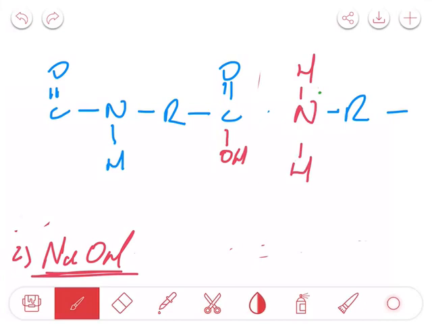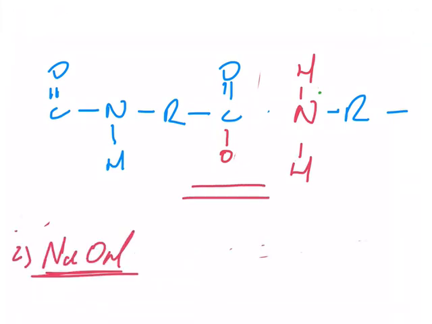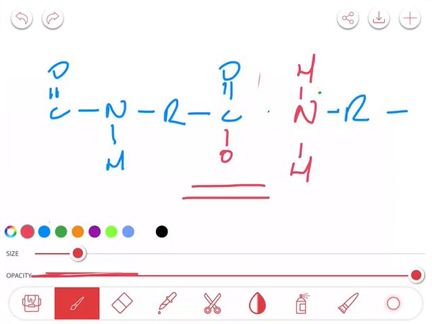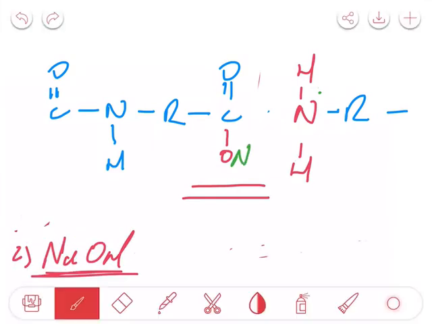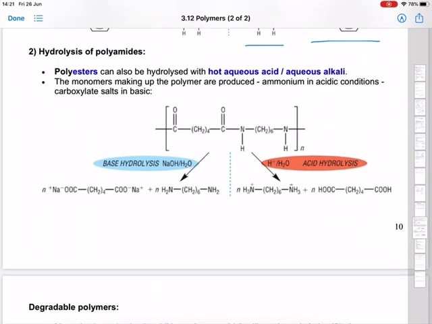With the polyamides, the sodium hydroxide is a catalyst, it comes out unchanged. So as soon as the water has hydrolyzed the amide, the sodium hydroxide then reacts with the carboxylic acid group here. The OH would come off and an Na would go on instead. And again, this is highlighted down here.